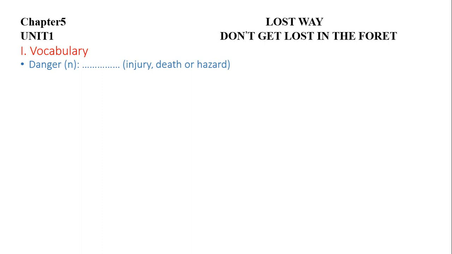It means in English injury or death or hazard. Danger. You pronounce with me. Danger means injury, death or hazard. So who knows what danger means in Khmer? Danger, the meaning in Khmer, is dangerous.